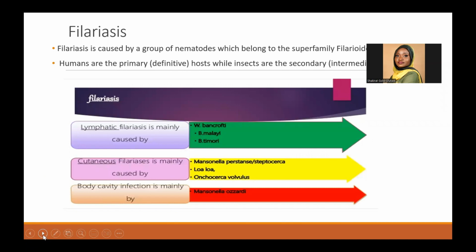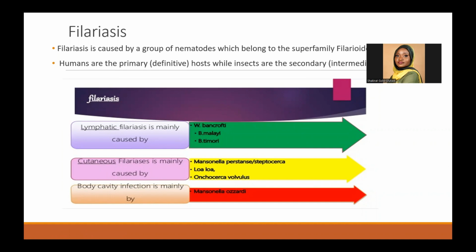So Onchocerca volvulus is a filarial worm. Filarial worms are quite a number. We're going to be discussing a few other filarial worms during the course of this webinar series. Lymphatic filariasis is a common disease caused by a type of filarial worm called Wuchereria bancrofti, while Onchocerca volvulus is a cutaneous filariasis, meaning that it lives in the skin.